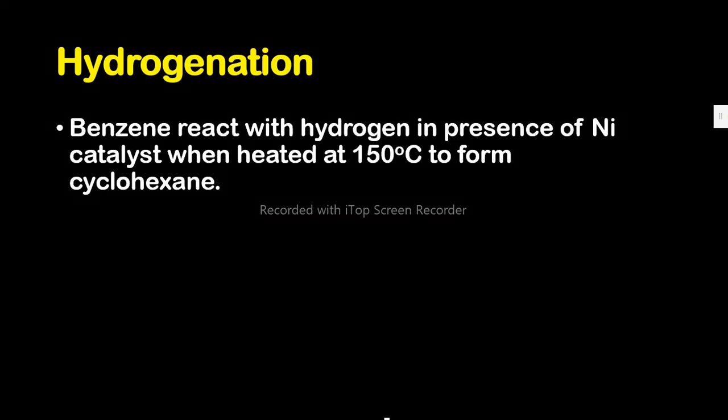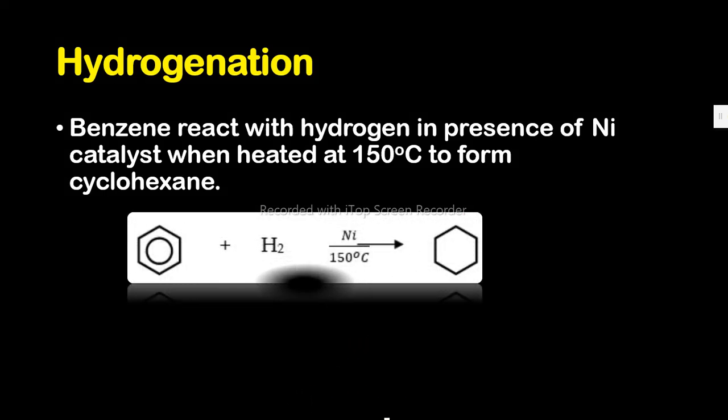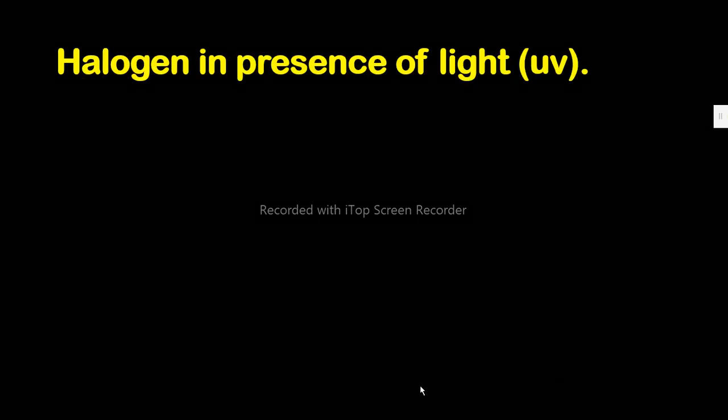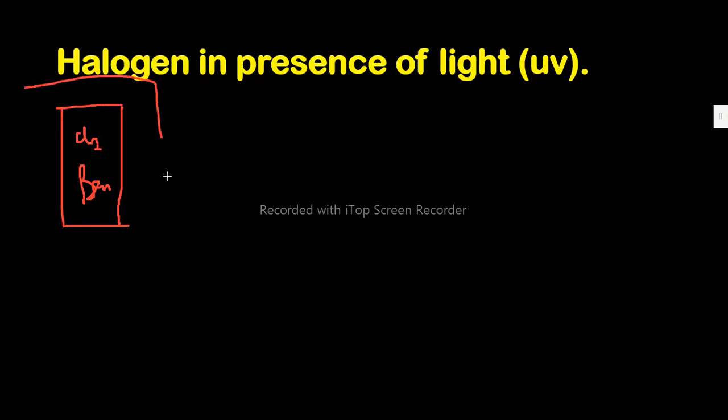So let's rub and proceed. So that is our reaction. And now in presence of UV light, you remember when we were introducing this, we said that if you get your benzene and you put it in the same reagent with chlorine, and you seal it, and you leave everything in darkness, there is no observable change.